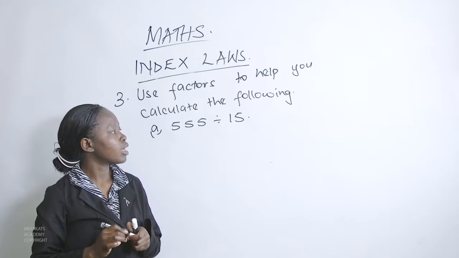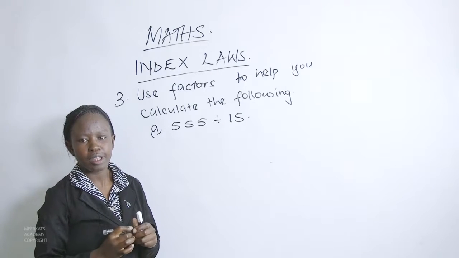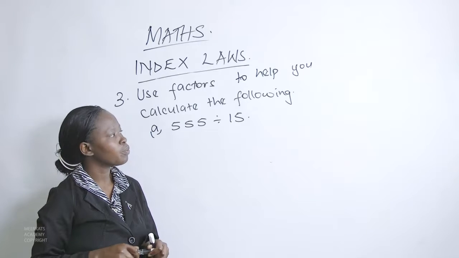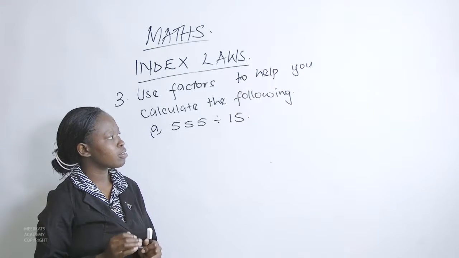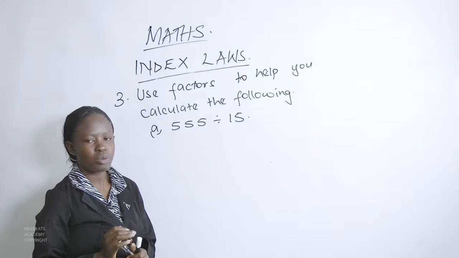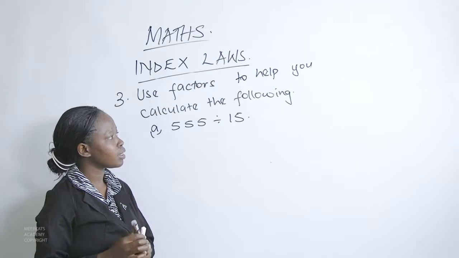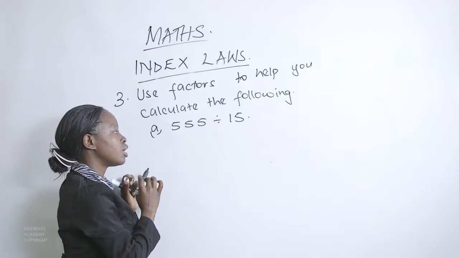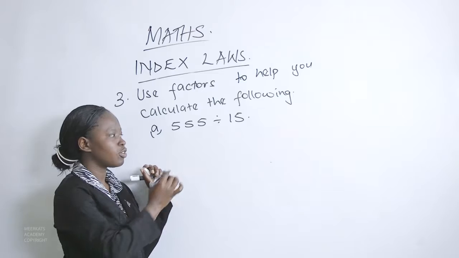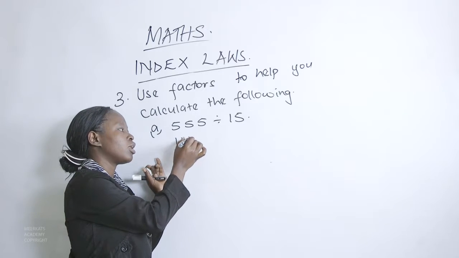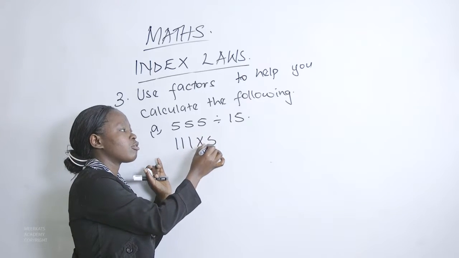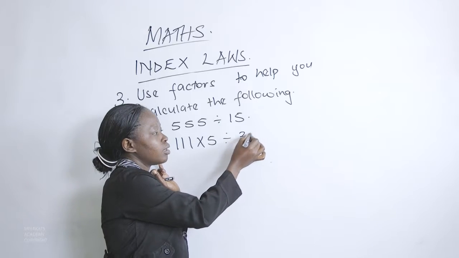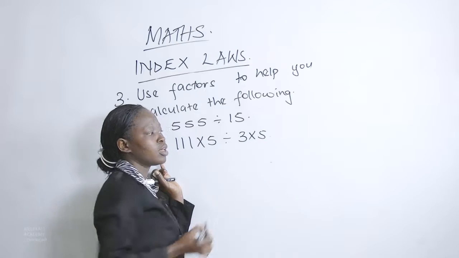So we have an example, 555 divided by 15. In simplifying this, we need to find out which factors make up 555 and 15. We discover that 555 is the same as 111 times 5, and 15 is the same as 3 times 5.